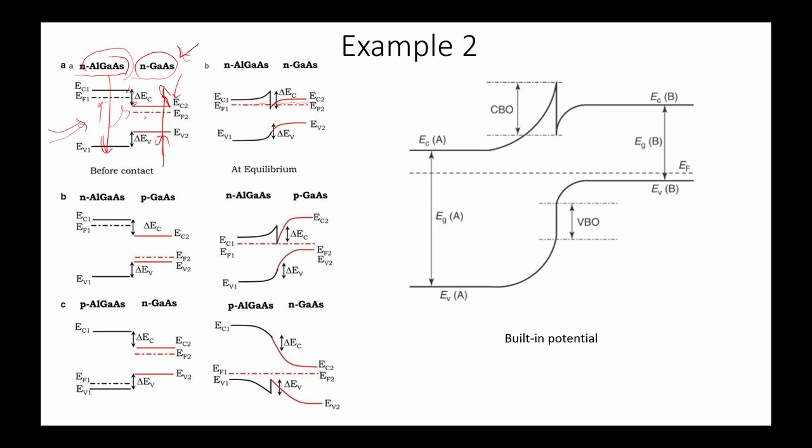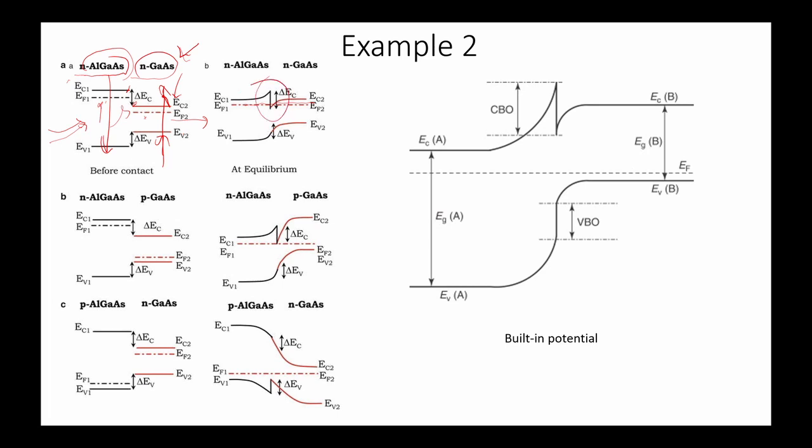The extent of the bending is defined by the doping of the semiconductors, how highly, moderately or lightly doped these two semiconductors are. So the bands will bend like this.